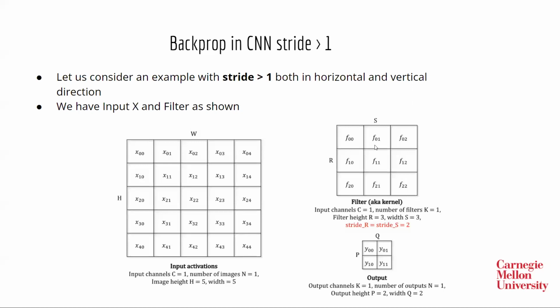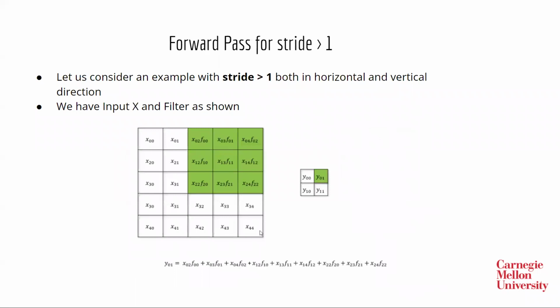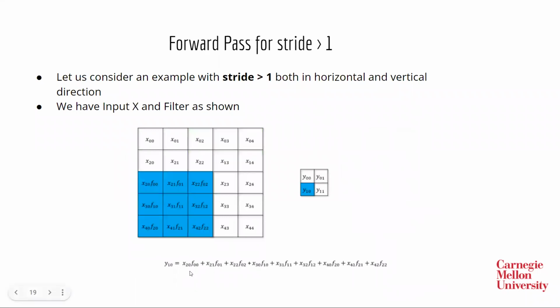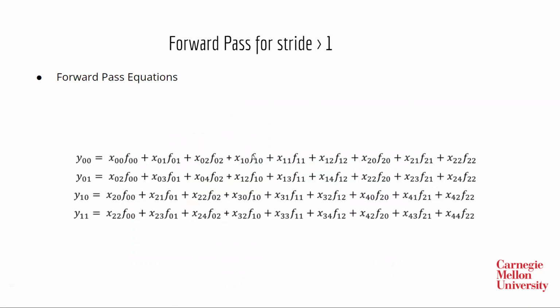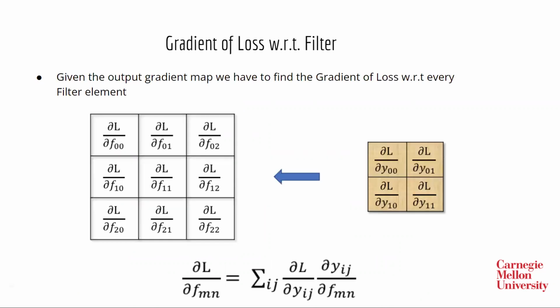We have a 3x3 filter, and that's going to produce a 2x2 output map if we use a stride of 2, right? So this is how the convolution can be viewed for stride equals 2. So it's going to skip 2 pixels and go to the next one. These are the forward pass equations, and I think these are easy to follow.